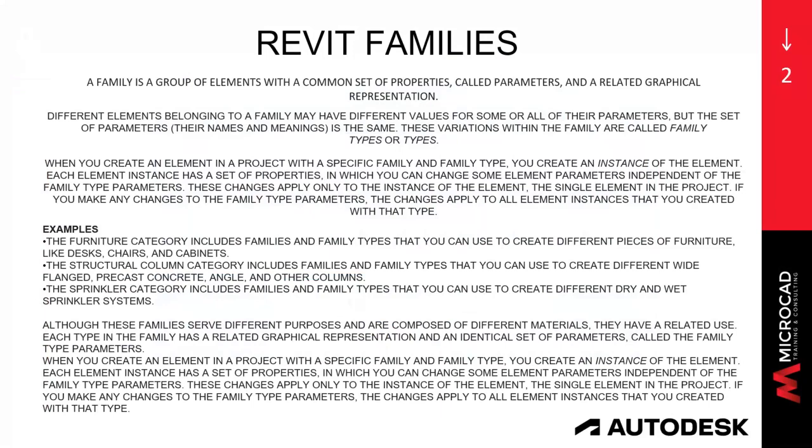Examples of typical component families are your desks, chairs, cabinets, structural columns. For MEP, you have all your diffusers, all your electrical connectors, all your plumbing fixtures. All those are families.